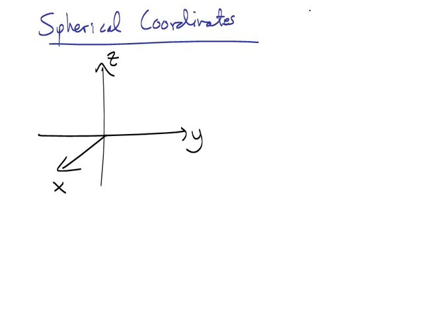Let me draw it in the x, y, z here first. Okay, so let's say this is our point. So again, one way to get there is with those rectangular coordinates, x, y, and z. Now here's another way to get there.